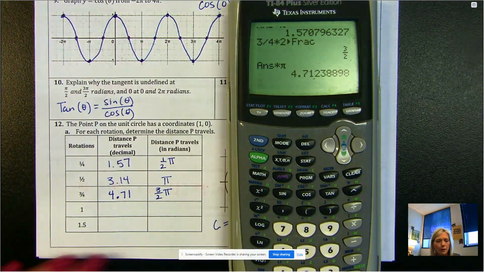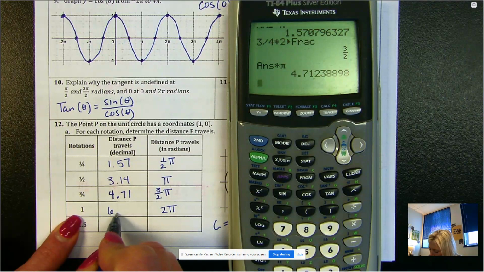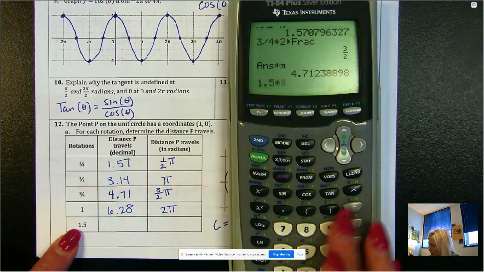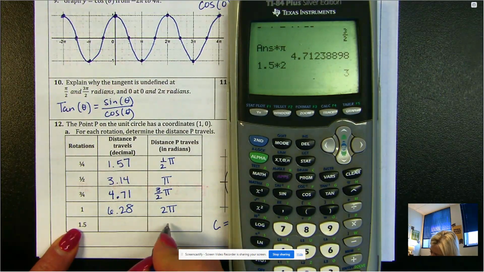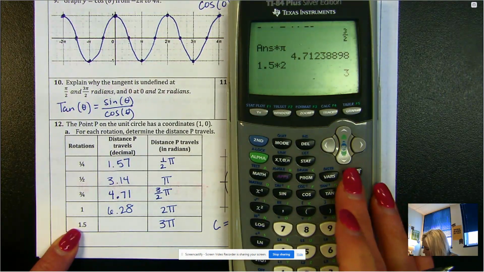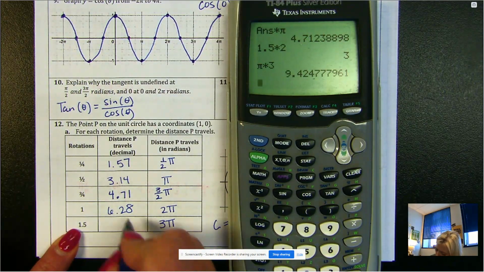Okay, a full rotation is 2 pi. 2 pi is about 6.28. I just doubled 3.14. And then 1.5 times 2 is 3. So 3 pi, and 3 times pi is about 9.42.